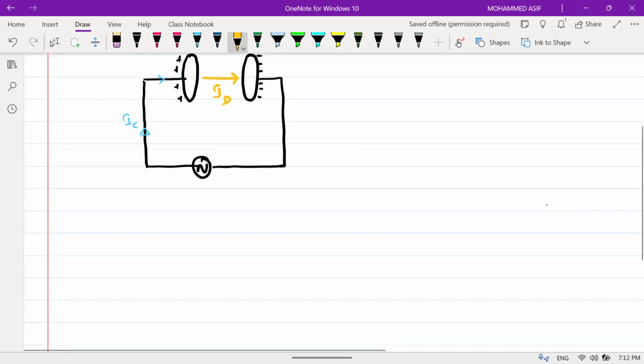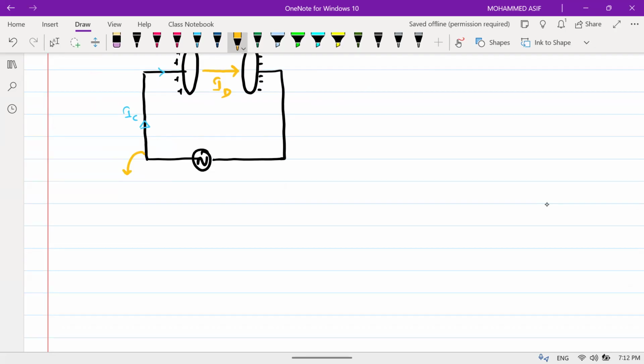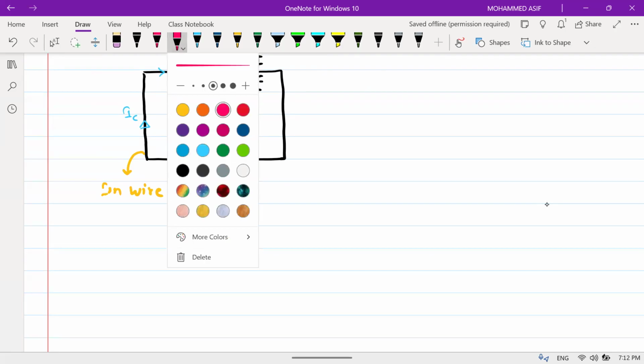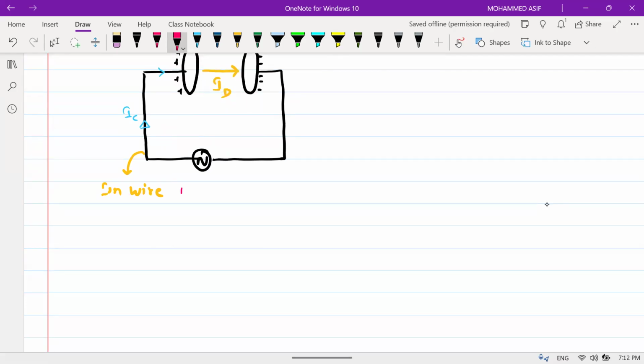Okay, that means I can say that in the wire, what is the displacement current, beta? Displacement current will be equal to zero, and conduction current will not be equal to zero. Whereas in between these two plates, conduction current is equal to zero, but displacement current is not equal to zero.